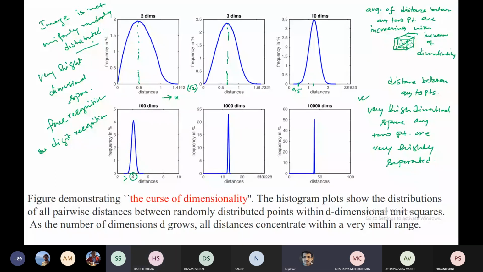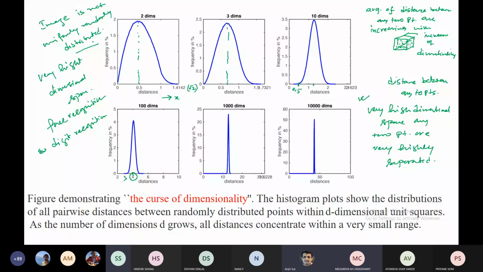Yes. The thing is that if it is uniformly randomly distributed, it is very tough to find a particular subspace where all these points are. Because actually, every point has a tendency to be clustered in a particular dimension, and this inclination is driven by its distribution.